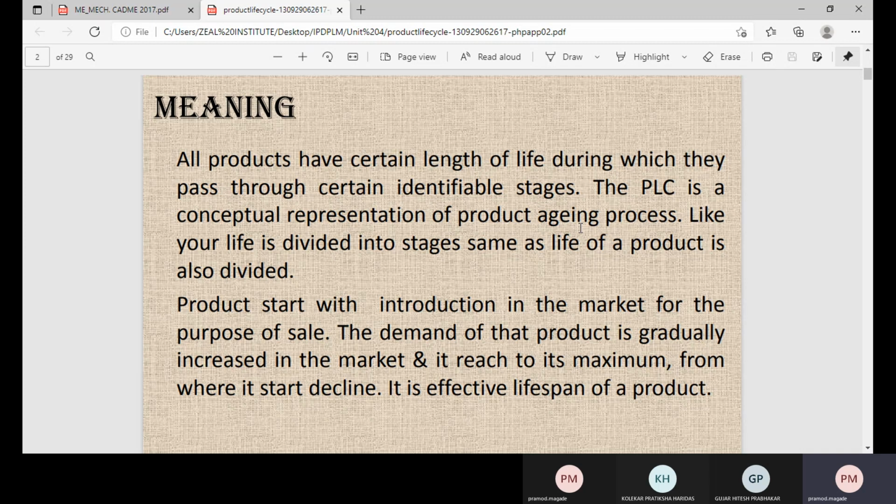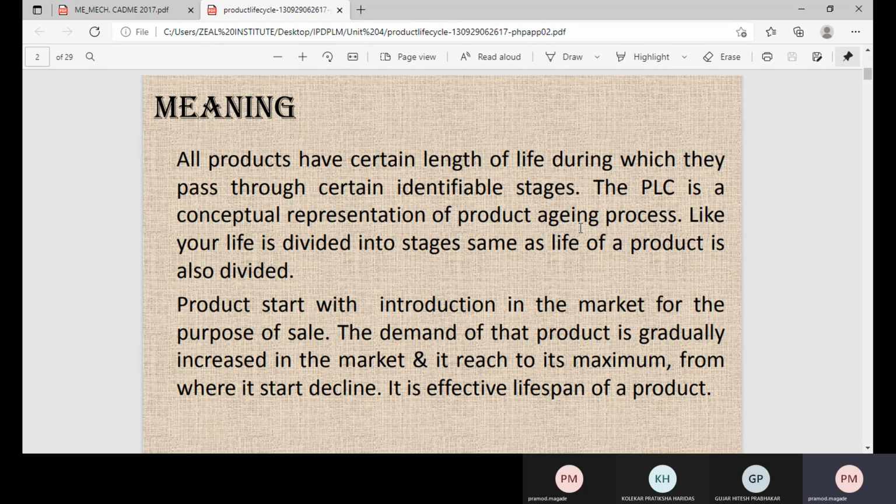All products have a certain length of life, meaning from starting to ending or usage of life, during which they pass through certain identifiable stages: input, inventory, raw material, manufacturing. The PLC, product life cycle, is a conceptual representation of the product aging process. Aging process means day by day its usage and the outcome.